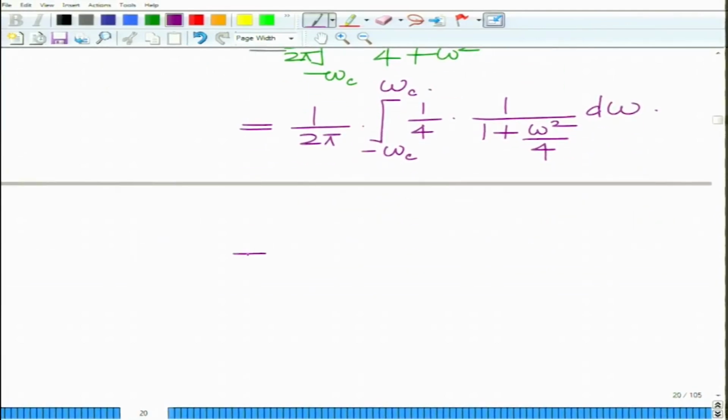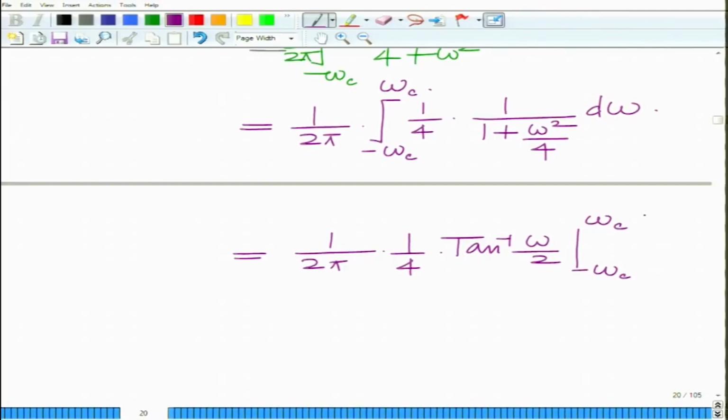Now, if you look at this, this is nothing but 1 over 2 pi into 1 over 4 into tan inverse of omega over 2, evaluated between the limits minus omega c to omega c, times 2.